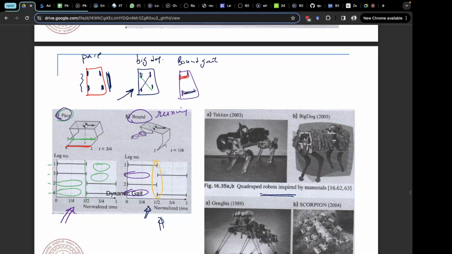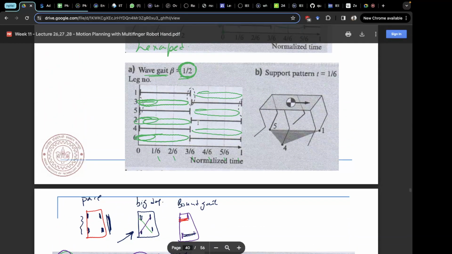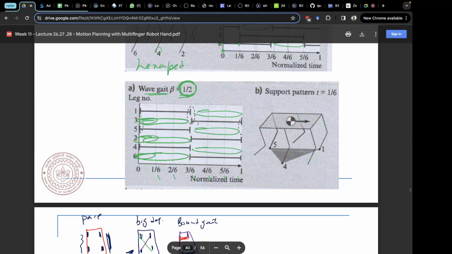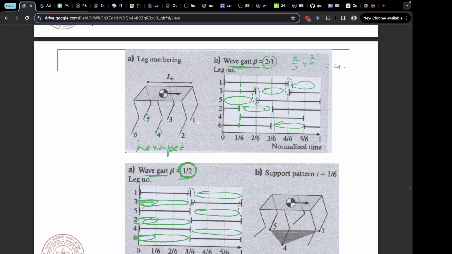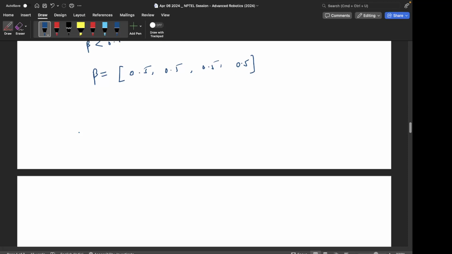In the bounding gait, it's the other combination in which both the front legs move together and both the back legs move together. That is bounding gait. Trot gait we saw, in which the diagonally opposite legs move together, right? And in the walking gait, one leg moves at a time while three other legs are in contact, right?